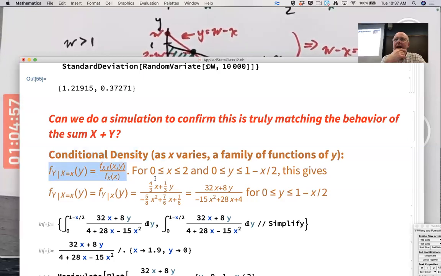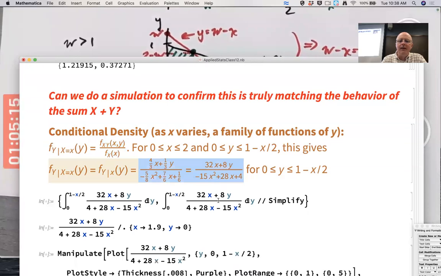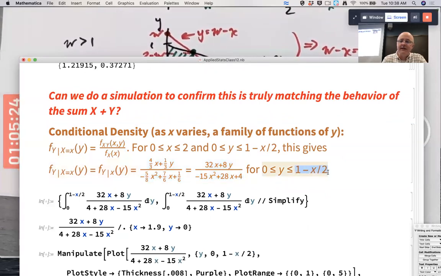The density of the random variable y given x equals x. In other words, if you know what value x takes on, what's the behavior of y? That's the definition of the conditional density. It equals this in this example, it turns out. When you look at this expression, you want to think of x as fixed and y as the variable. And if x is fixed, then that's a fixed right endpoint as well.